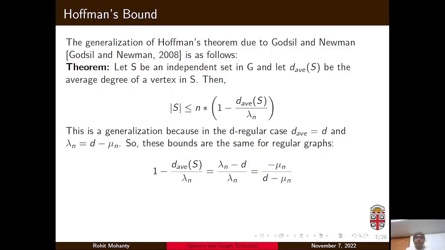This gives us a generalized case of the previous theorem, and it can also be reduced to the specific previous theorem for d-regular graphs.